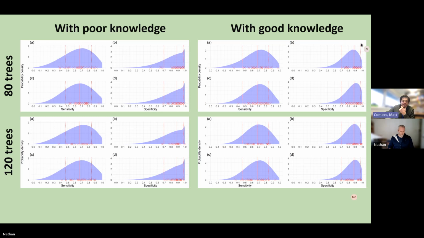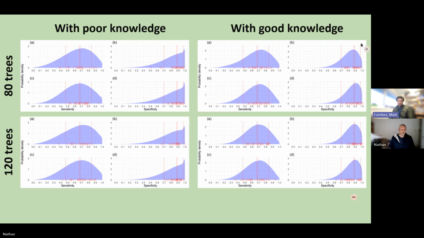If it comes up, basically you can put in different prior knowledge of your sensitivity and specificity. As you can see here, the red crosses on the bottom represent the simulated surveyor data, and the purple density plots represent probability density, our confidence in those parameters, the sensitivity and specificity.